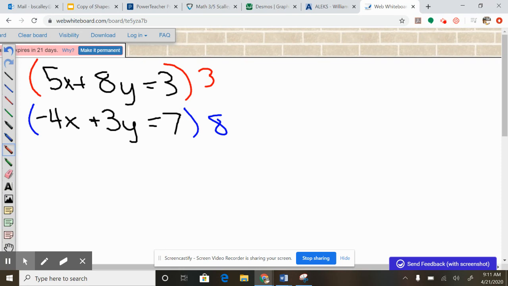So when I multiply the top equation, the 3 times 5x, I'm going to get 15x. 3 times 8y, I'm going to get 24y. And 3 times 3, I'm going to get 9.